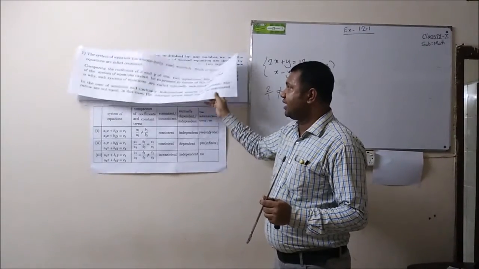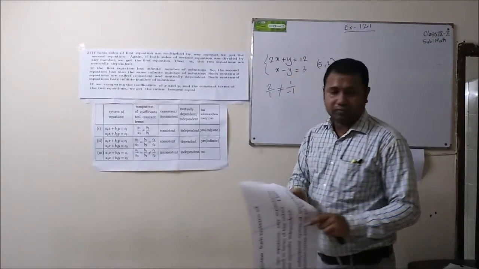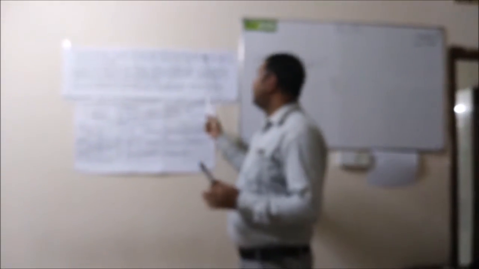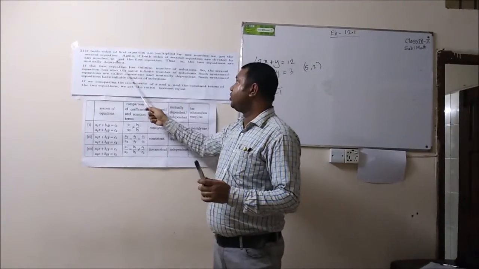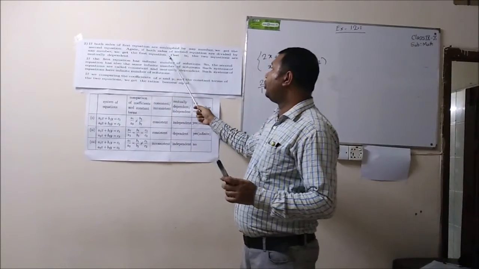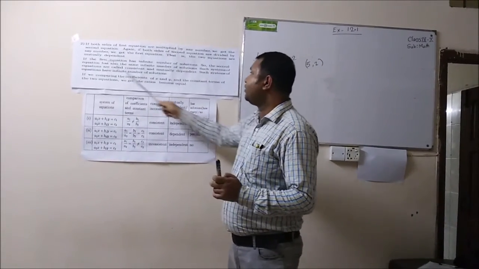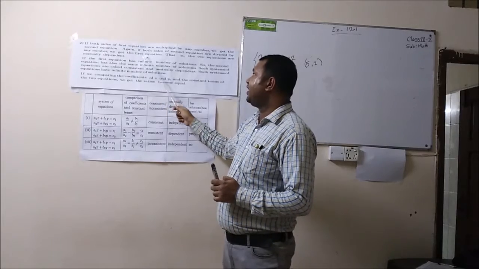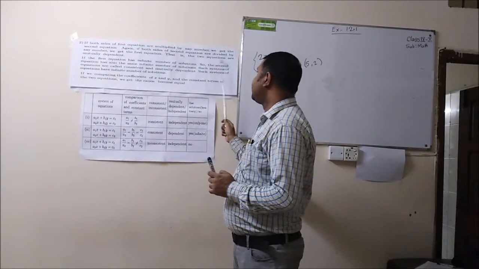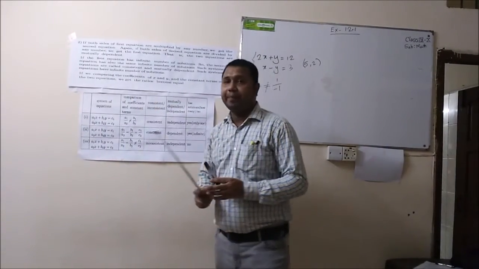Now we are going to discuss the second type of equation. You can see here, if both sides of the first equation are multiplied by any number, we get the second equation. Again, if both sides of the second equation are divided by any number, we get the first equation. That is, the two equations are mutually dependent.